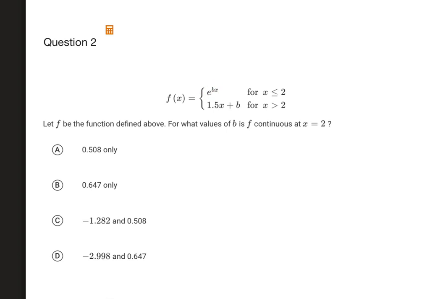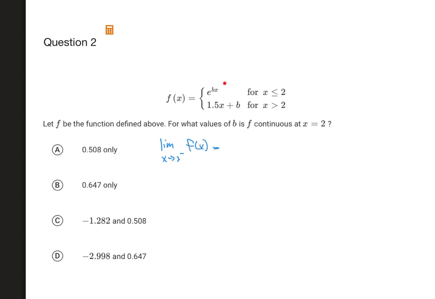But really, if you do the limit, let's do that. We want to show that it's continuous, so we want to make sure that the limits from left and right are equal, and then that they equal whatever the function equals at that x value. So we'll do the limit as x approaches 2 from the left.